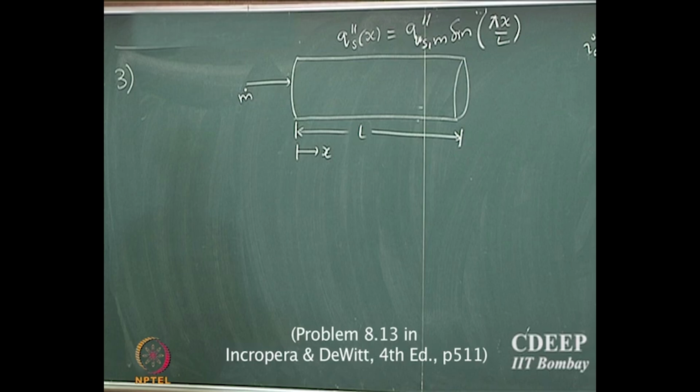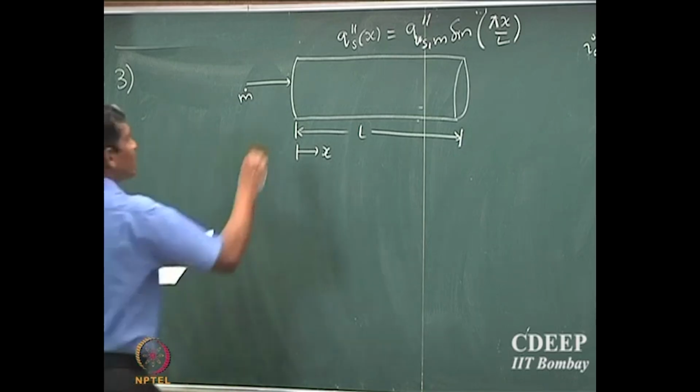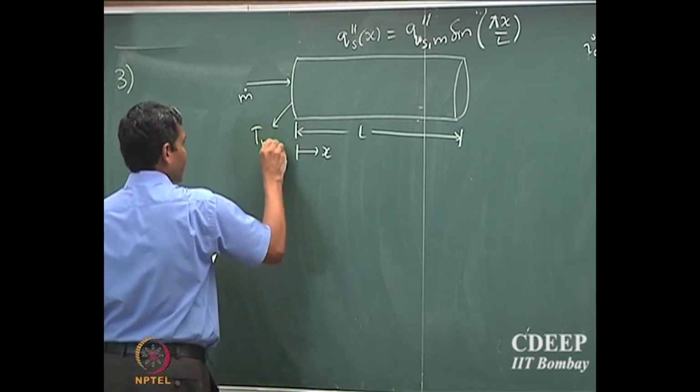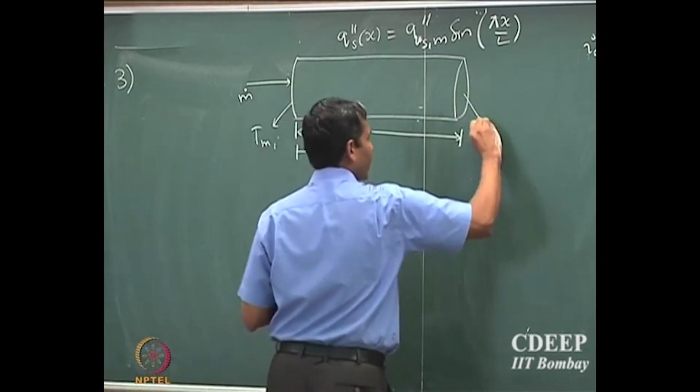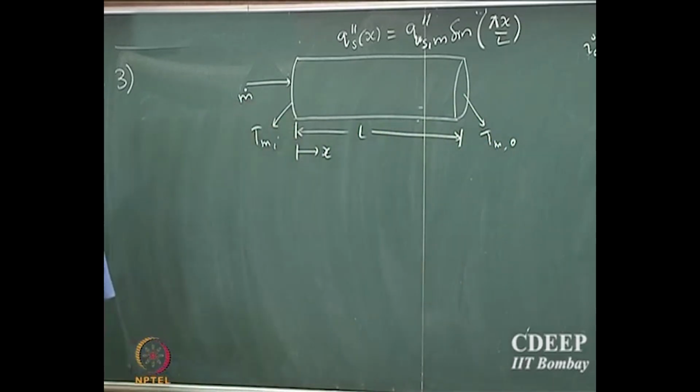So, we say that it is some maxima multiplied by sine pi x by L. So, L is the length of the tube, x is the axial direction, and m dot is the rate at which the mass is flowing through the tube, and Tmi is the mixing cup temperature at the inlet, and Tmo is the mixing cup temperature at the outlet.